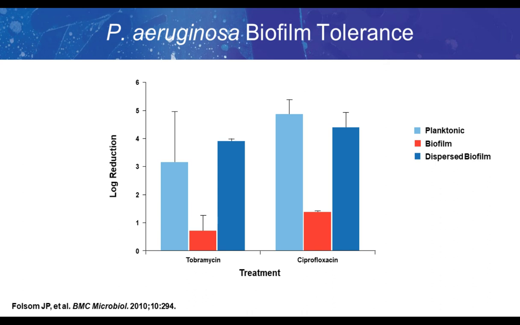However, when we treat exactly the same species and strain of bacteria grown as a biofilm, we get a 1 or less log reduction for each of those antibiotics. Now, if we break up that biofilm and disperse the cells, then we regain susceptibility to that antibiotic. So there's no real change in the organisms other than growing as a biofilm.